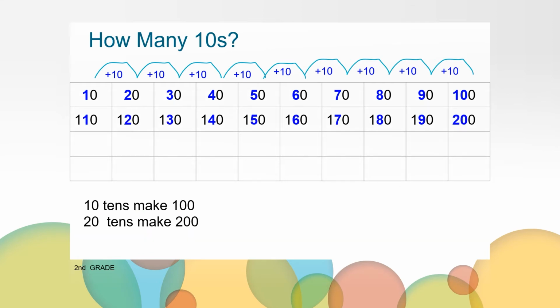There are 20 tens in 200. Do you notice the patterns that are staying the same? We're still counting by tens as we move across the rows, and the digit in the tens place is still getting bigger by 1 each time. Is there anything different or any new patterns that you see?